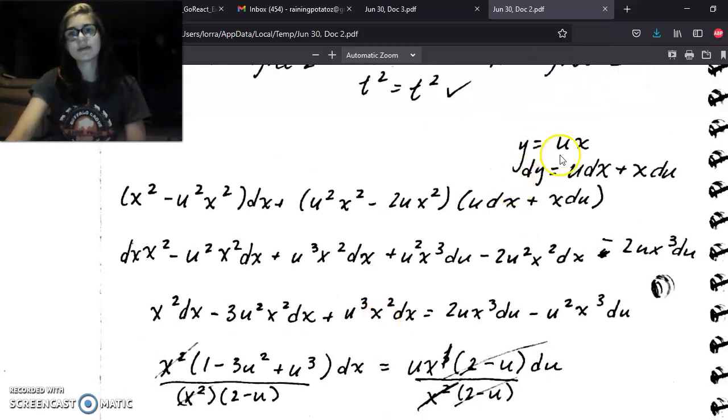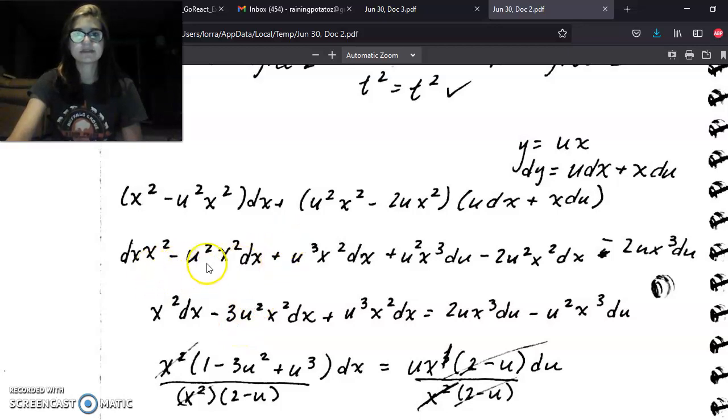So then we were given y is equal to ux, and hence that means dy is equal to u dx plus x du. So basically you plug in this ux anywhere where you see a y. I did thus. This all equals 0 on the end, by the way. So you just plug that in and you distribute, and then you combine like terms.